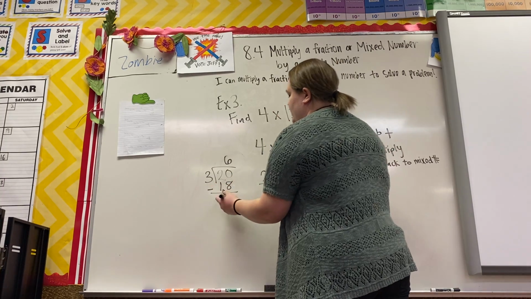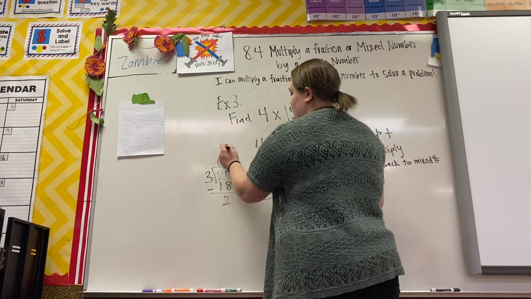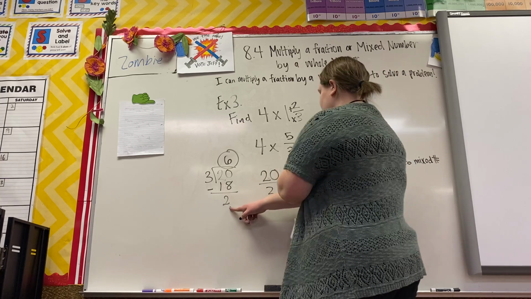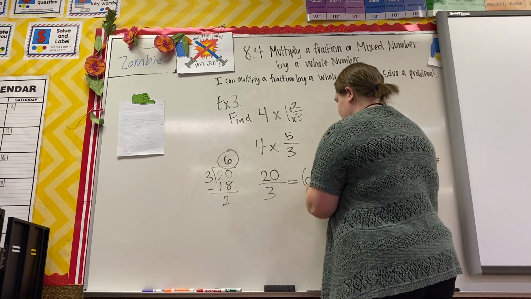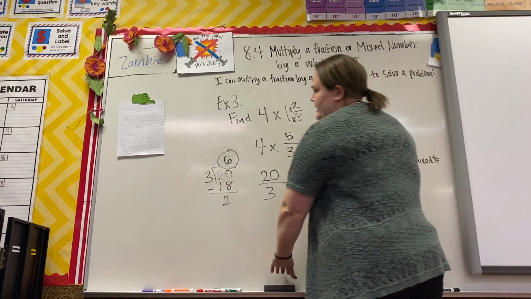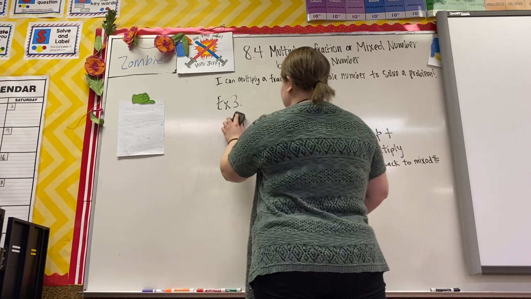Subtract, 20 take away 18 is 2. And so I have my whole number 6, and then 2 over 3. So 6 2/3 is my answer. All right, we'll do one more example and then you can do your pause problems.